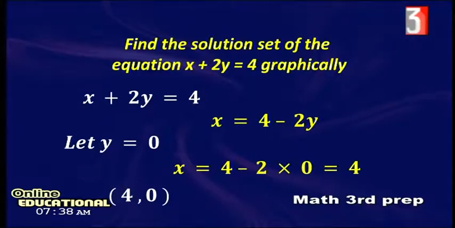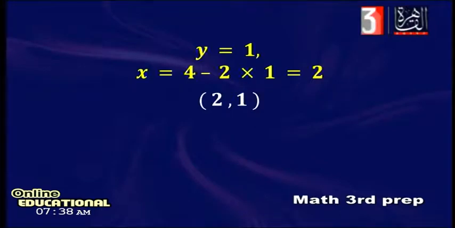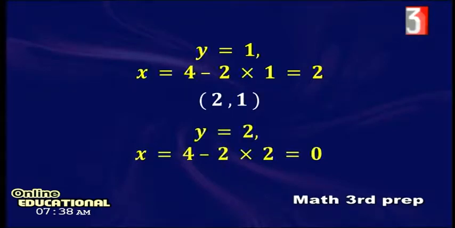Then, by substituting for y equals 1, x equals 4 minus 2 multiplied by 1, to obtain 2. Then we can say that the second ordered pair will be (2, 1). What about the value of x when y equals 2? When y equals 2, x equals 4 minus 2 times 2, to obtain 0. So the third ordered pair will be (0, 2).